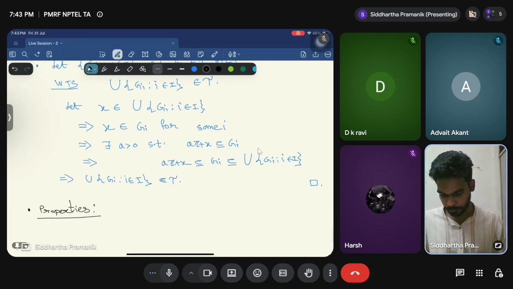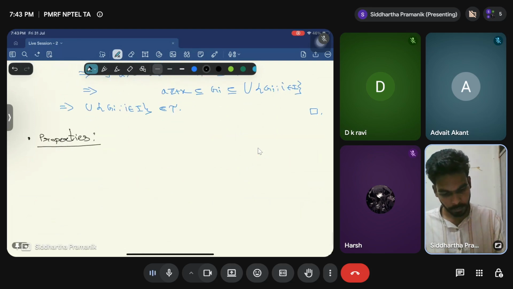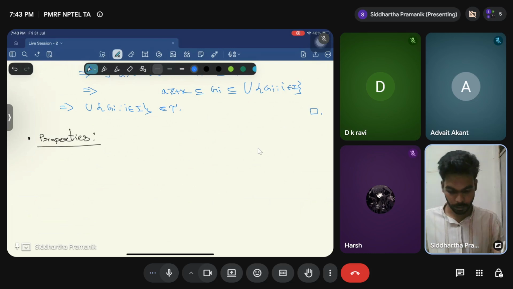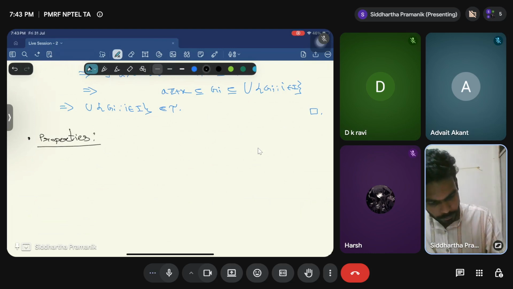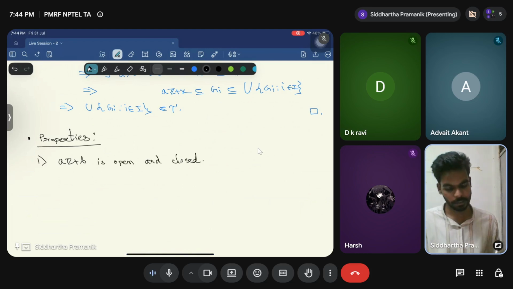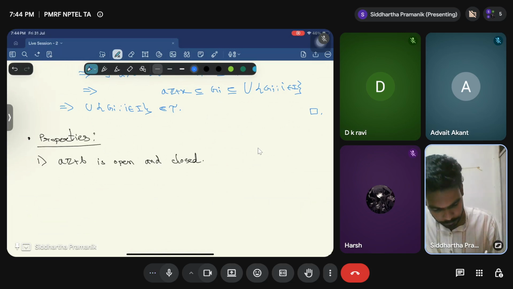So maybe first mention this: this aZ plus b is an open set. This is open as well as closed. This is an open set as well as a closed set.